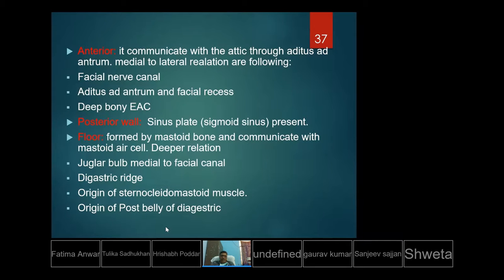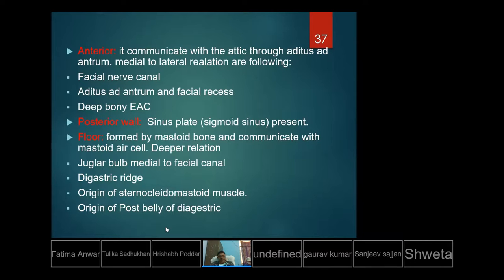The deep bony external acoustic canal is an important part, and in case of mastoid abscess, this part is broken and diagnosed as sagging of the posterior wall in the deep part of the bony meatus. So this is an important sign.